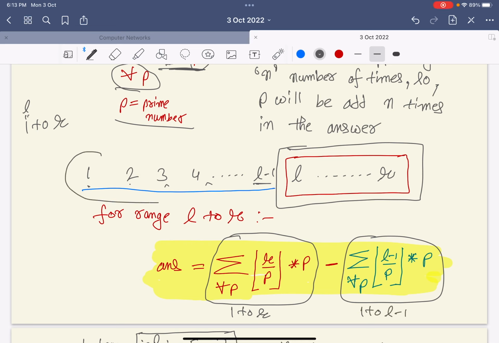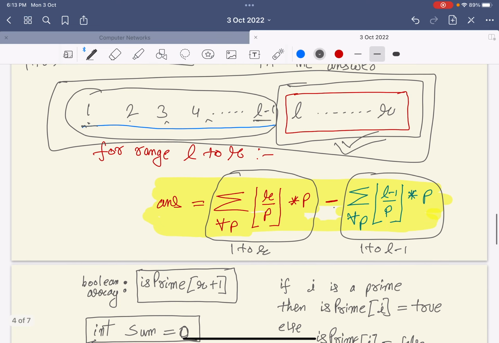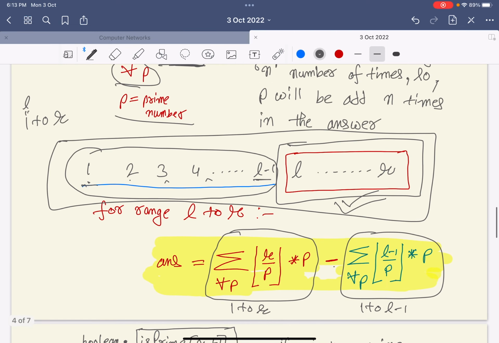So I subtract the answer of the range 1 to L minus 1 from the whole range, and I will end up with the answer of the range L to R. Okay, so now till how many prime numbers do I have to go? Since we know that R is the maximum number, we have to go for all the prime numbers which are less than or equal to R.